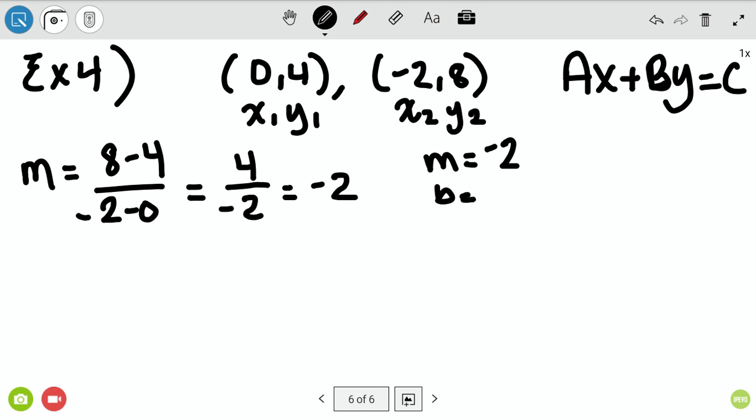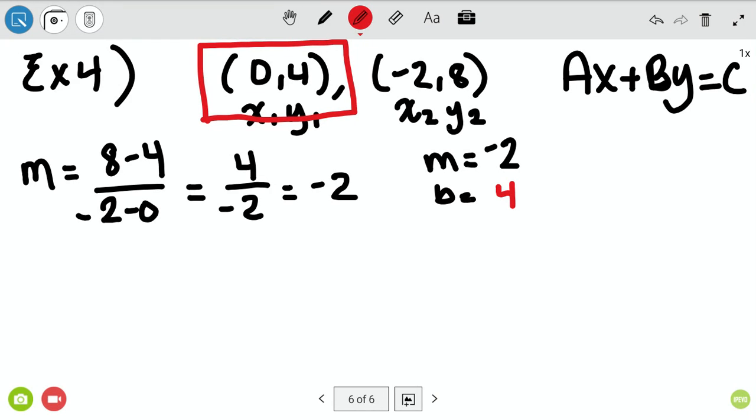Do I have a b? What do you guys think? Who says? Why is it 4? Because that one has 0 as the x. This point, yep. If you can catch it, it'll save you a little bit of math. Because the x value is 0, that automatically makes that your y-intercept. So I can come in and fill in my b without any math.